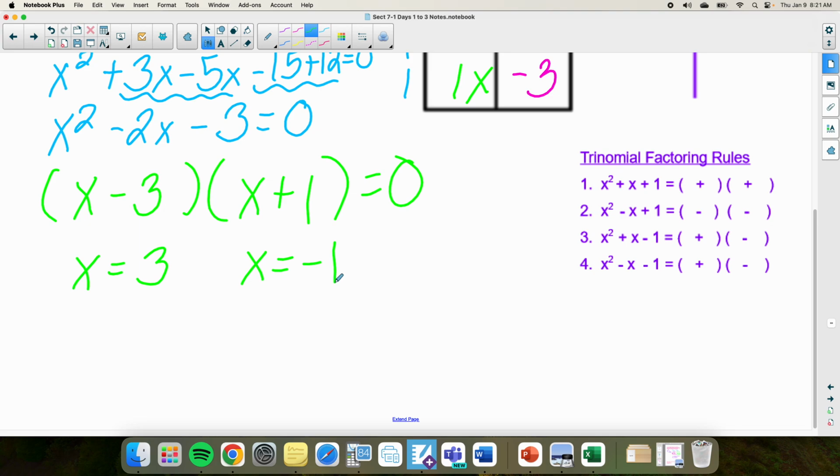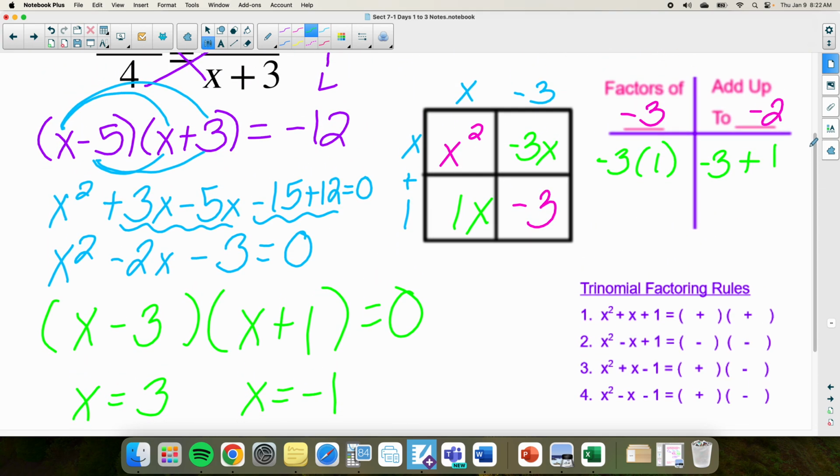I will tell you when we get to the quiz, which we're taking on Monday, a lot of kids try to do shortcuts and they take these 2 factors, okay? It's not these 2 factors that are your answer, it's the opposite of them, okay?